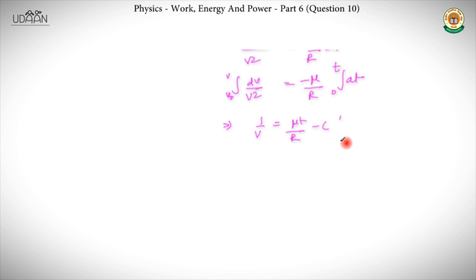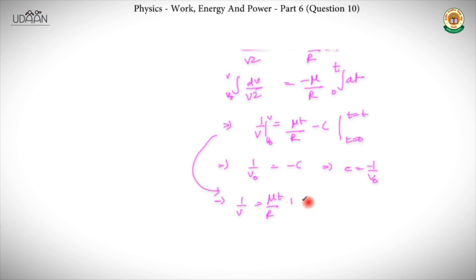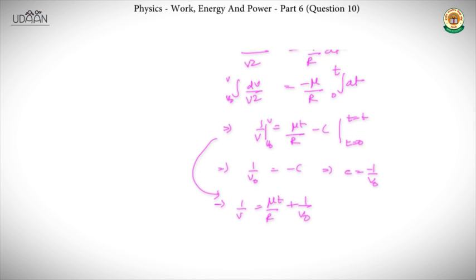At t equal to 0, v equals v naught, so 1 by v naught is equal to minus c, that is c is equal to minus 1 by v naught. From this we get 1 by v is equal to mu t by r plus 1 by v naught.